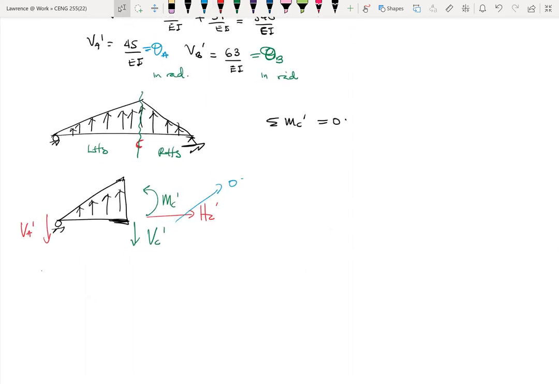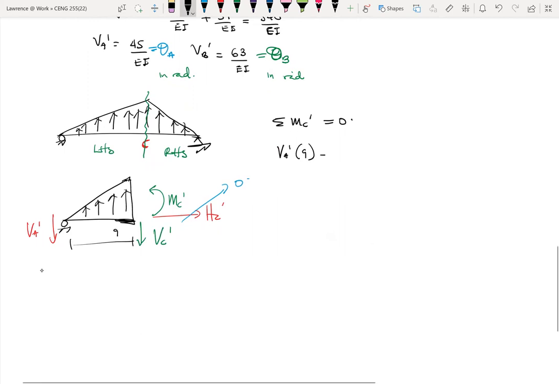So if summation at C prime is 0, then we have VA prime times 9 meters, the distance here is 9 meters, minus the VDL.